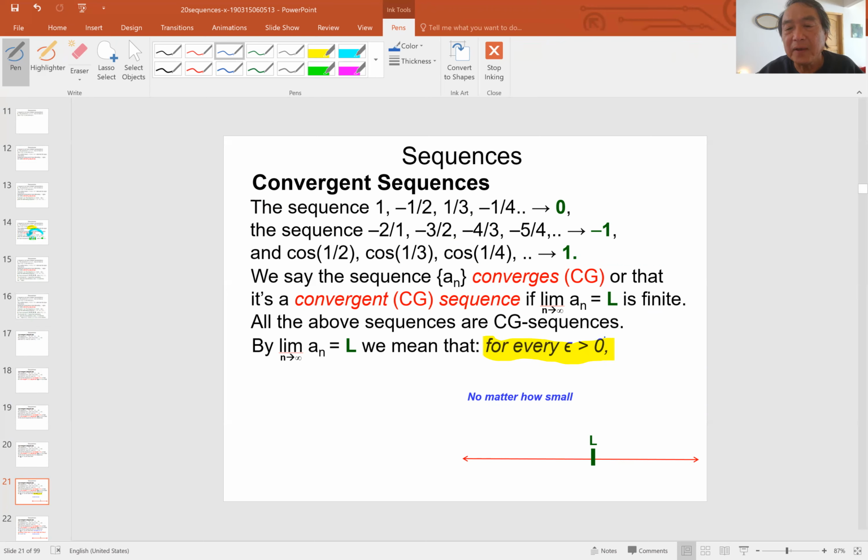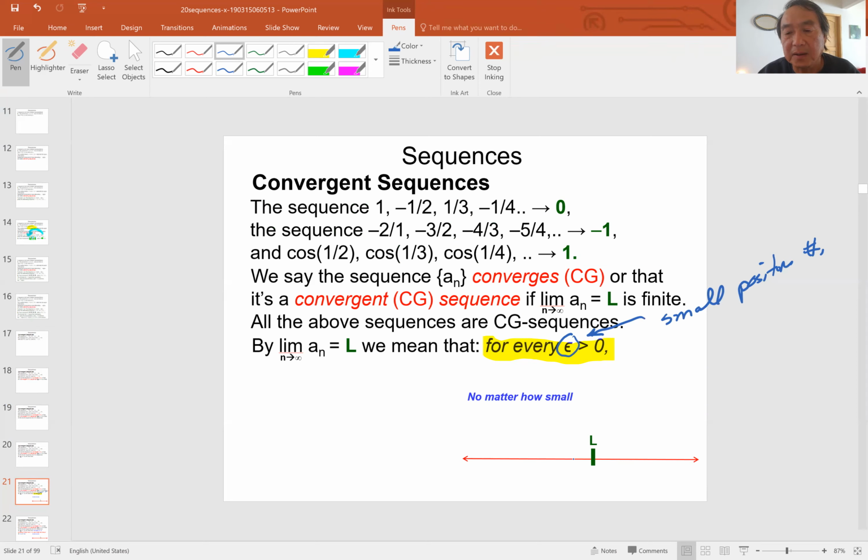It means for every small positive number epsilon. This is the Greek letter epsilon. It vaguely means a small positive number. And what do we use it for? We usually say it means some small tolerance level, if you like.